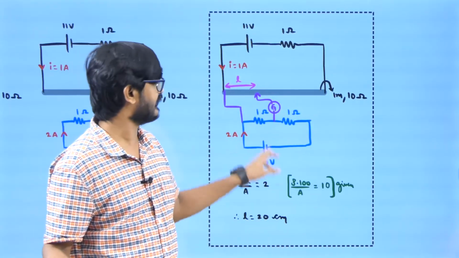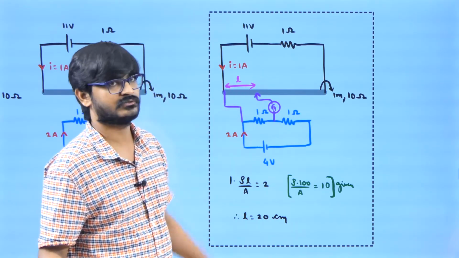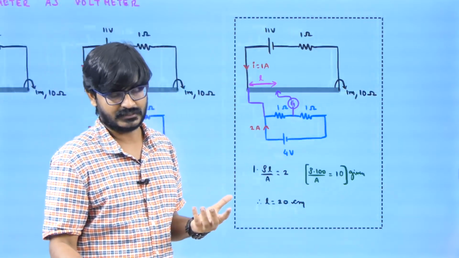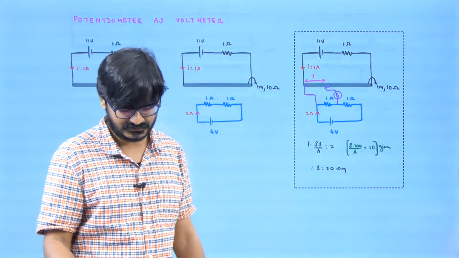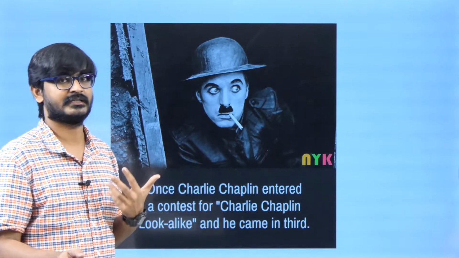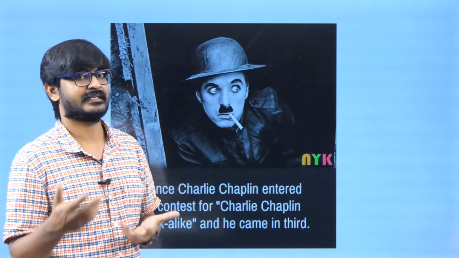So when we connect a voltmeter, current used to flow in the voltmeter also. But in this case, current is not flowing. So better than a voltmeter, the potentiometer is much more useful for us if you want to measure the potential difference, but there are some drawbacks, that's a secondary thing.